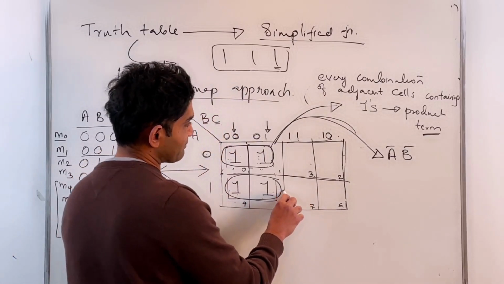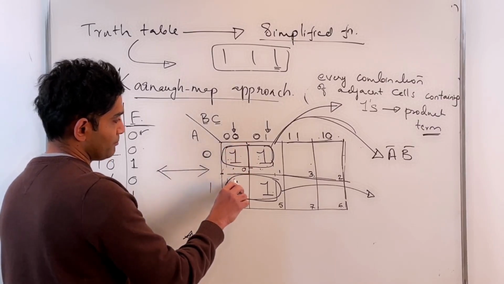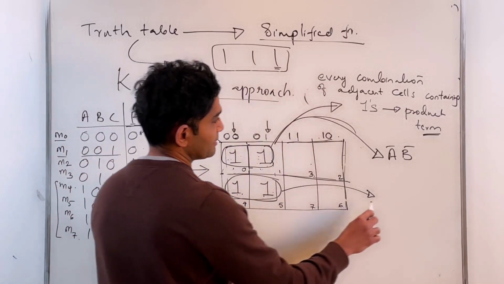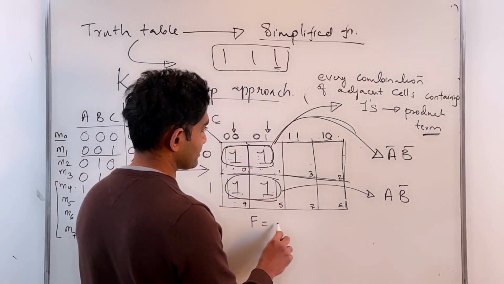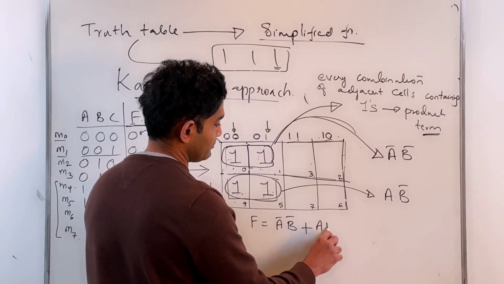The product term from this combination will be A, B prime, since C gets eliminated when I go from here to here. And my function f would read as A prime, B prime plus A, B prime.